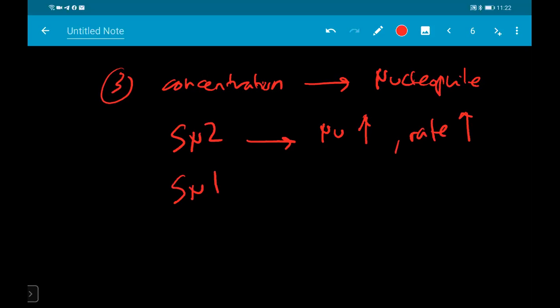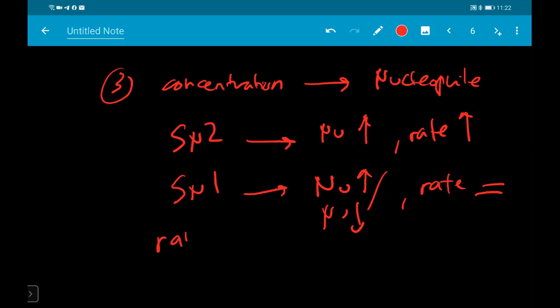For SN1, sama ada nucleophile tinggi ataupun rendah, the rate will be the same. For this one, what you need to know is the difference between the rate of reaction for SN1 dengan SN2.